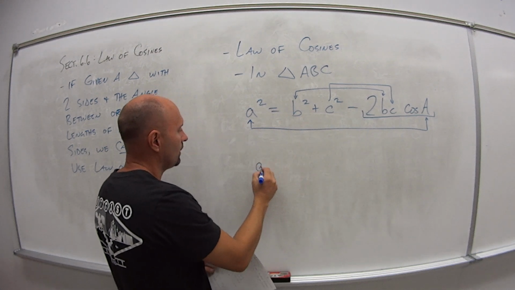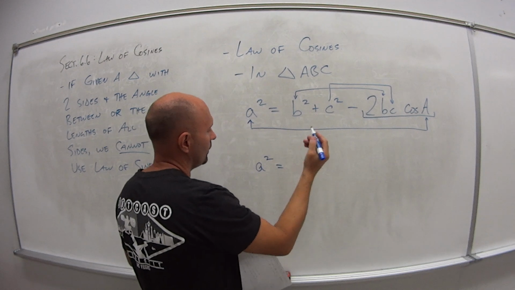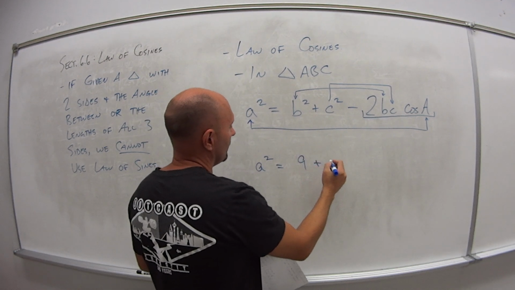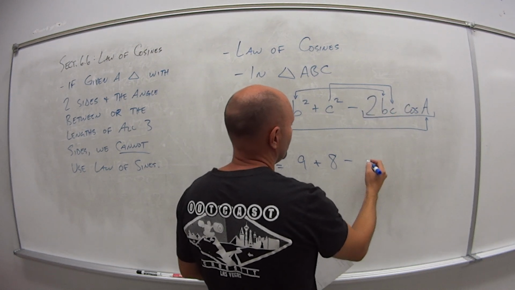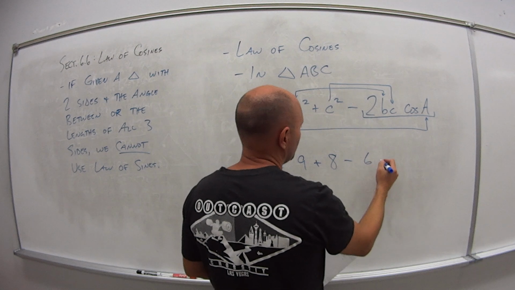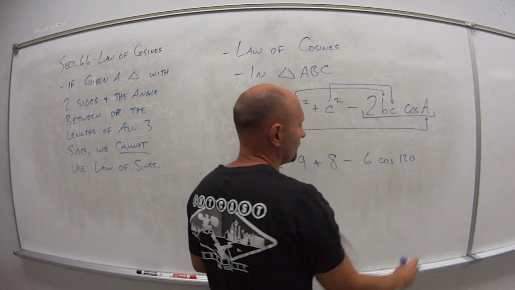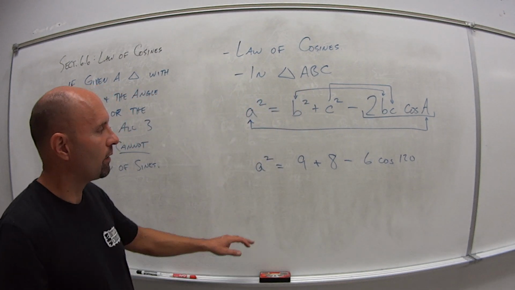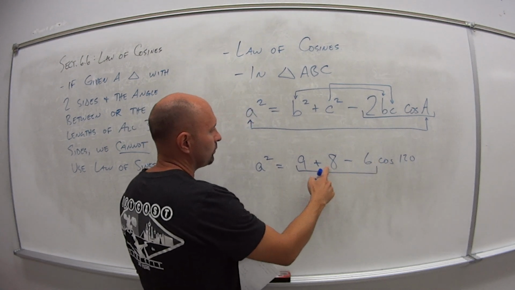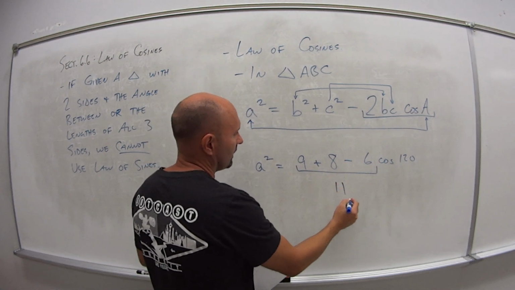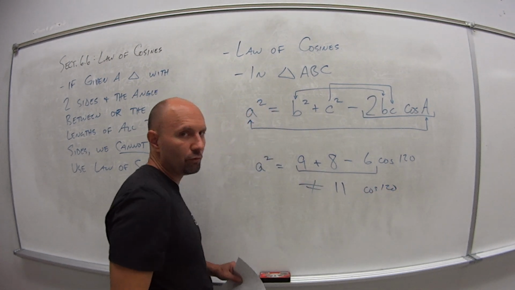For example, sometimes I'll see a squared is 9 plus 8 minus, once we get done doing this, maybe 6 cosine 120 degrees. I'm making this up as I go. You can't say, okay, 9 plus 8 is 17, minus 6 is 11, so this is just 11 cosine of 120. That is not equal to that.